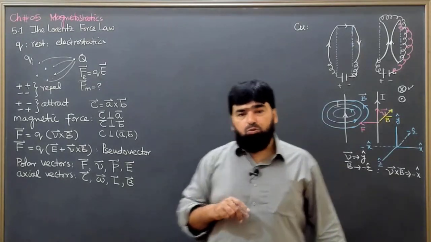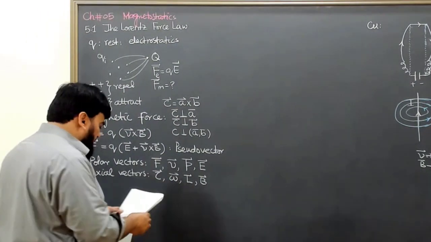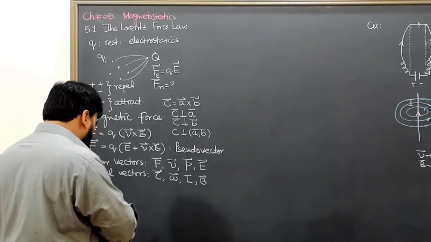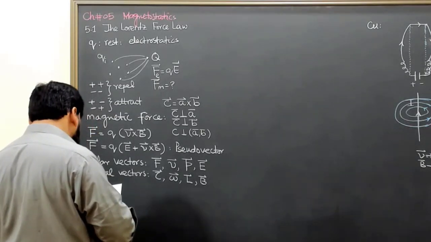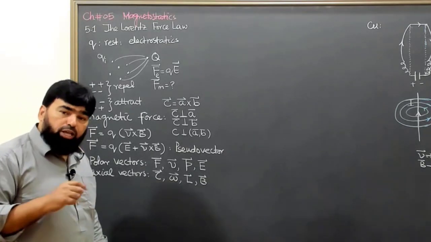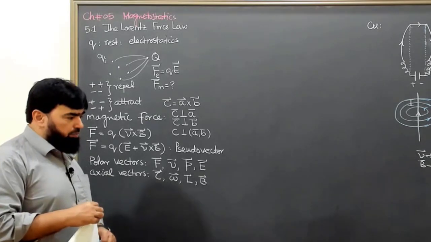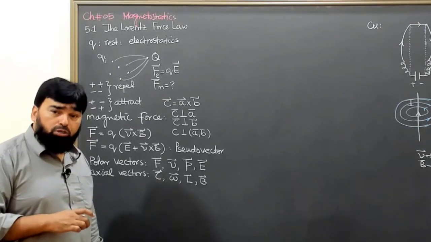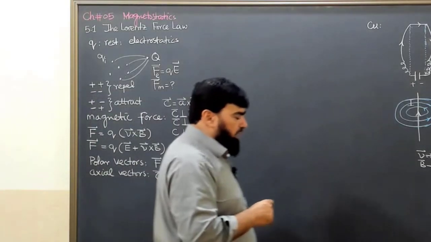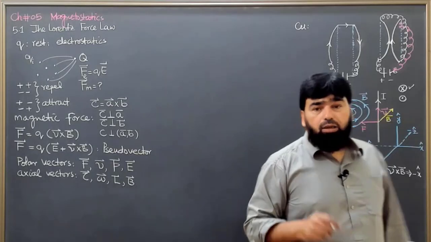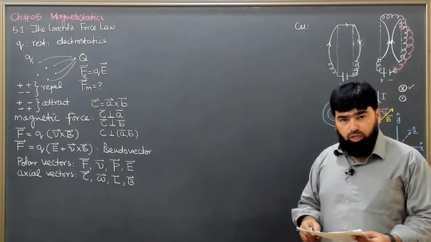So the mirror transformation is not working in the pseudo vectors. That's why we classify them in two different categories. And this distinction between the actual vectors and the pseudo vectors is of prime importance, because in electroparity and other advanced topics, they play the key role while doing some calculations.